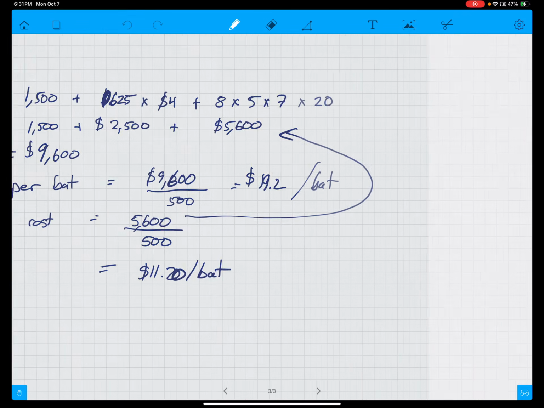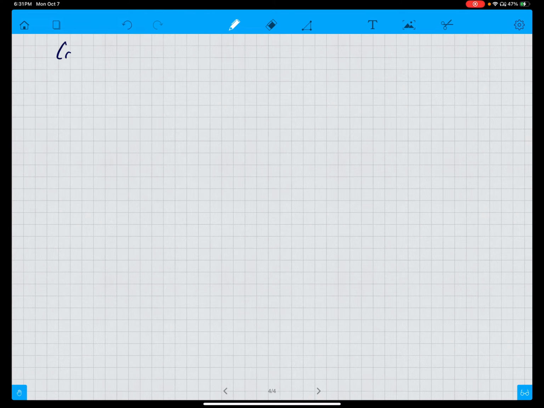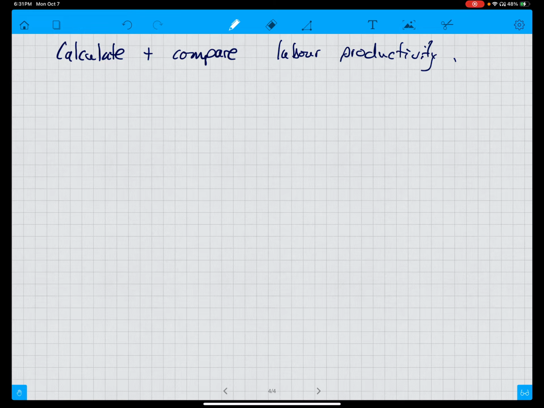So now the next thing we're going to ask is calculate and compare labor productivity. Now, you could do this by hours, and you would have 200 hours at plant A and 280 hours at plant B, and you would calculate your labor productivity per hour. But that's difficult to compare in this case, because it doesn't account for the difference in the wage rates.